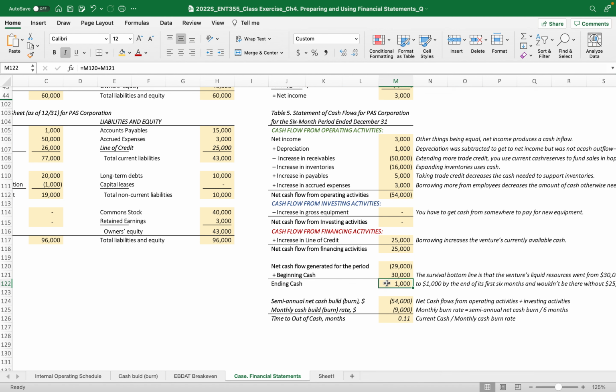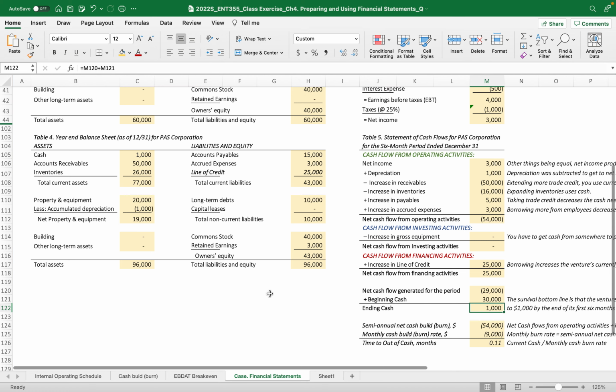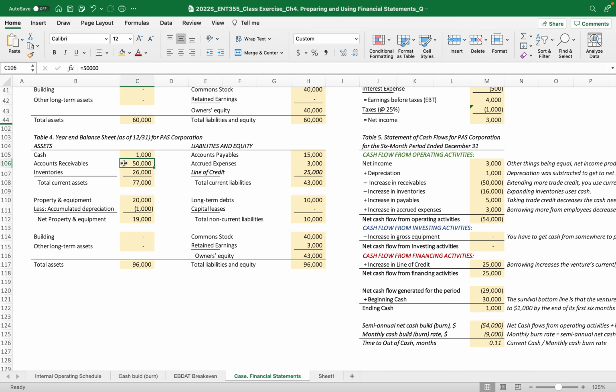But the cash amount at most the company has is 1,000. That's why in the previous exercise video clip I emphasized that this accounts receivable of $50,000 must be collected in the near term without a doubt to get this cash amount, and then it's no longer burning this cash on a monthly basis, $9,000.